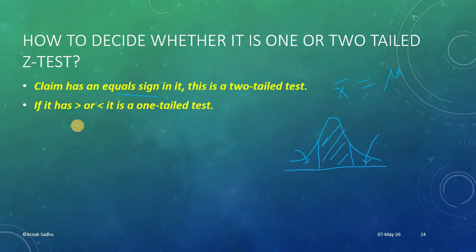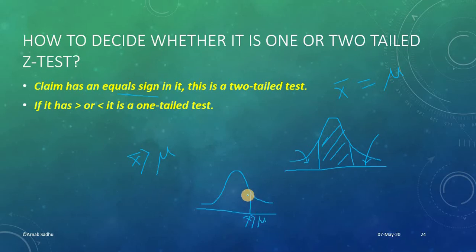But if you are saying that my x bar, my sample mean, is greater than your population mean, then your testing criterion is only testing for greater than. So here your x bar is greater than your mu.